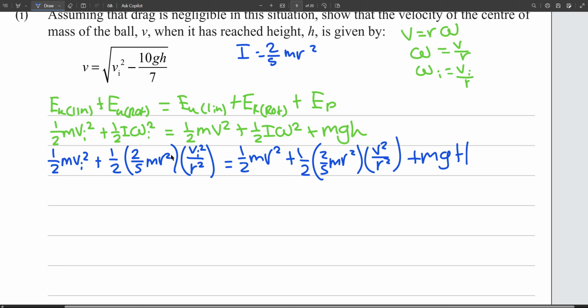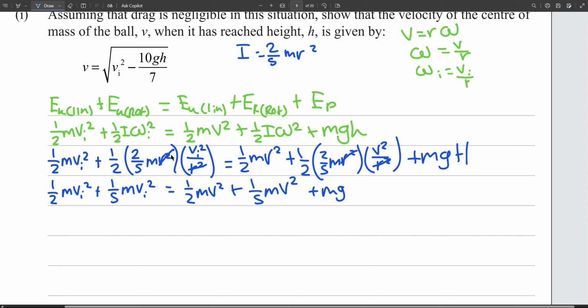Okay, so now we can start simplifying. You can cancel the r squares, so this becomes half m vi squared plus 2 on 10, which is 1 on 5, m vi squared, equal to half m v squared plus 1 over 5 m v squared plus mgh. And that should be a lowercase h also.